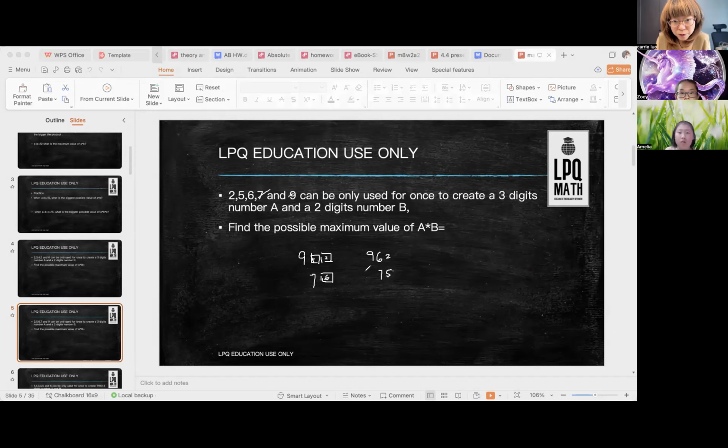Yes, this one will be smaller, right? Okay, so I think this one is the smallest. I'm not sure. Let me just see. So 952 times 76 equals 72,352. Okay, Amelia, what is your answer?